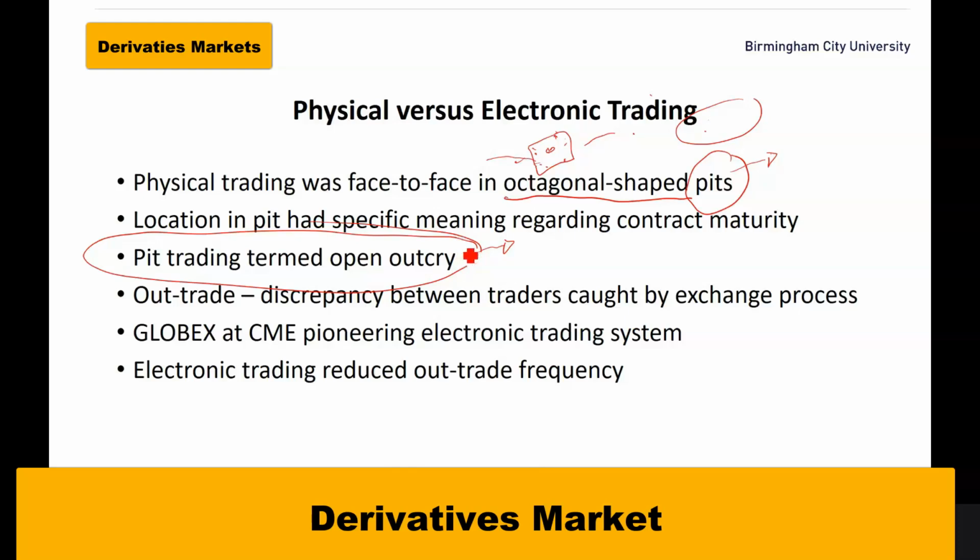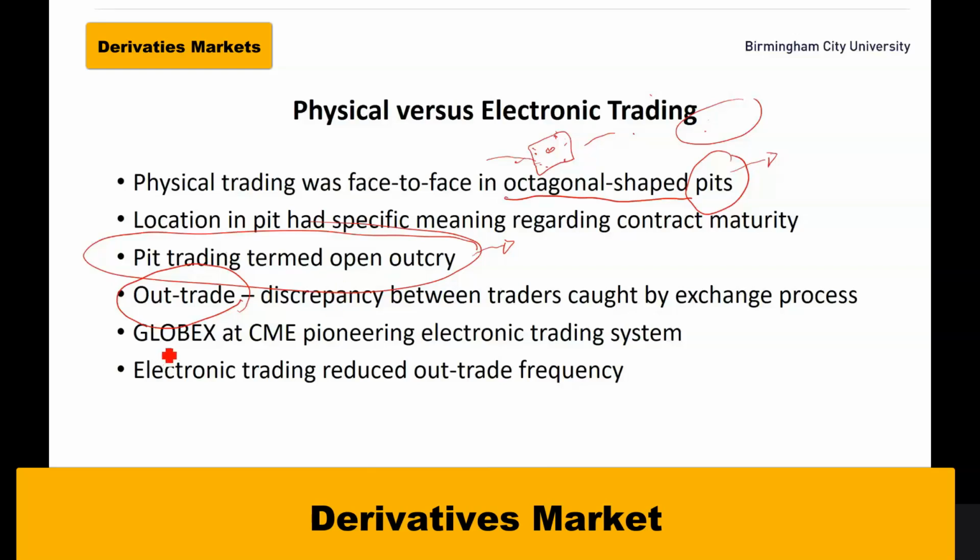That can result in an error, and that error will be considered an out trade. This is what normally happens in physical trading. It is not known much in the market, but it is quite regular on physical trading platforms. And every time this happens, the 2 parties will meet and correct it.